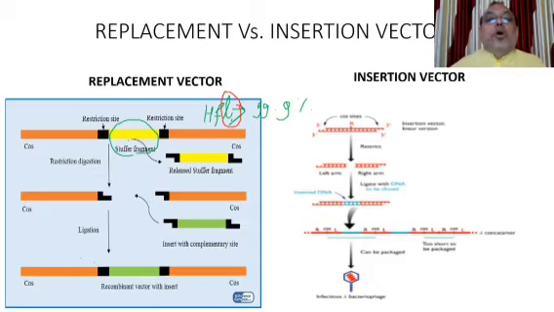And so new phage will not be produced. That is, phage multiplication will not be pursued. Rather, the phage will lie quiescent in the host genome. So when phage multiplication will not proceed, how will we obtain or harvest the recombinant DNA that we have inserted into the vector?